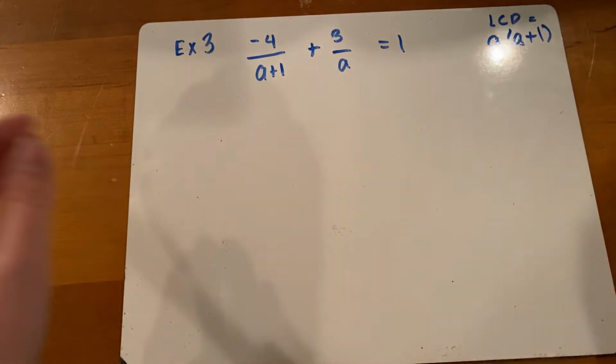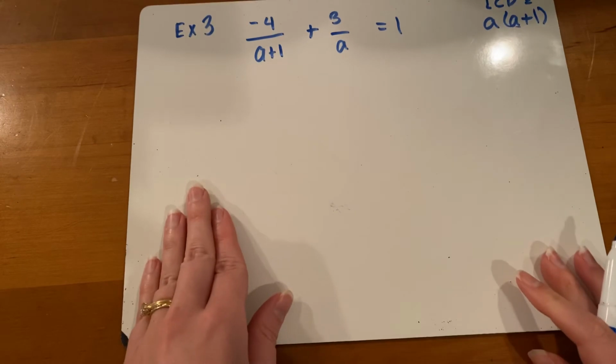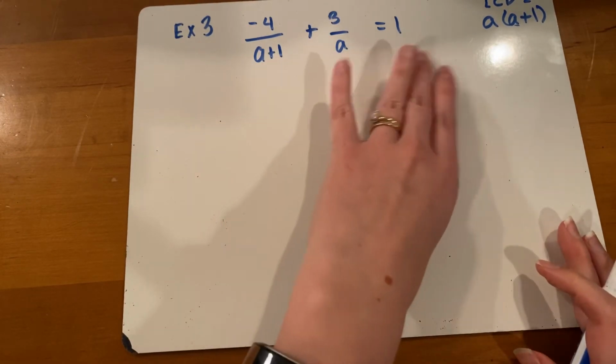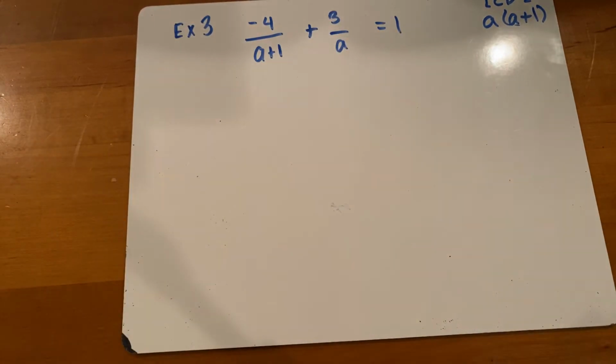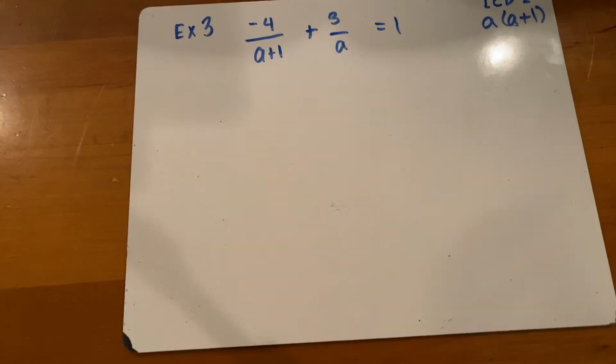And the way we're solving the problems again today is just to multiply each term by our least common denominator to be able to cancel out any of our fractions.